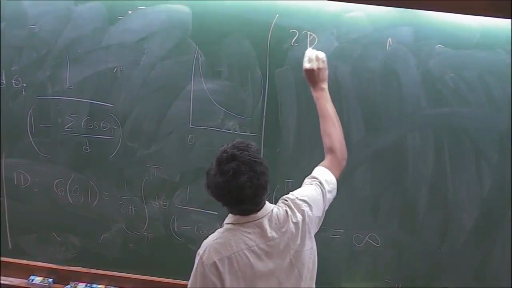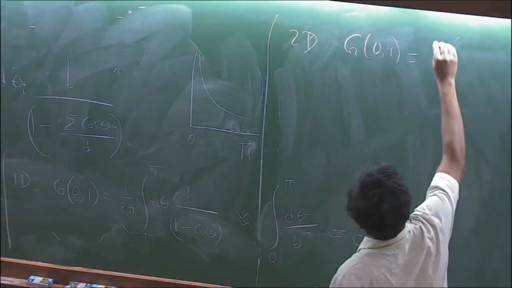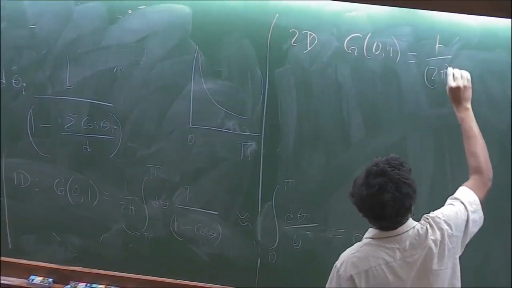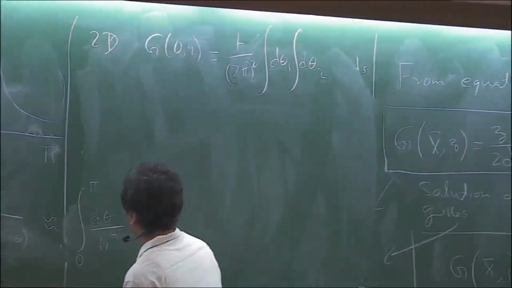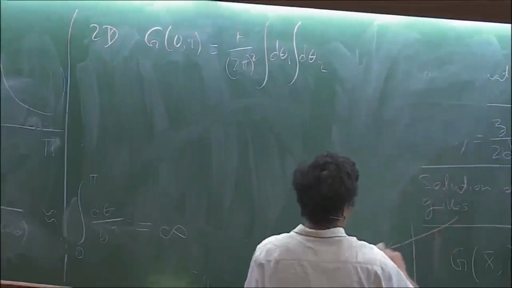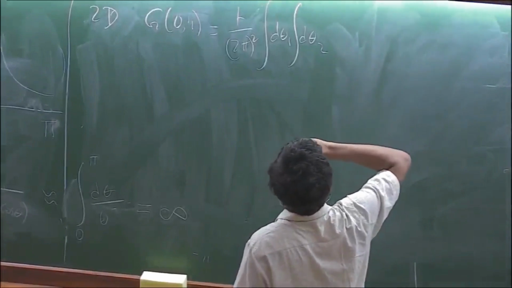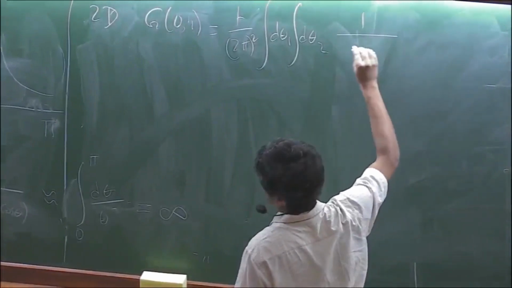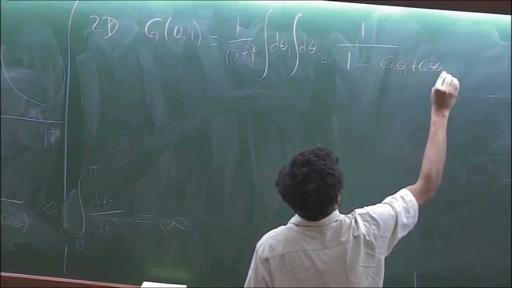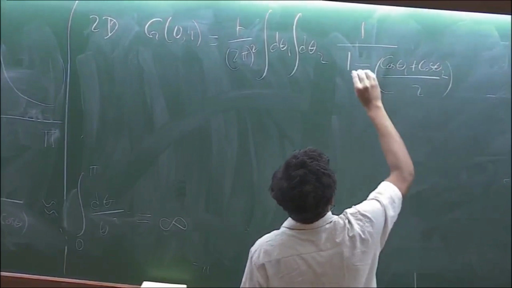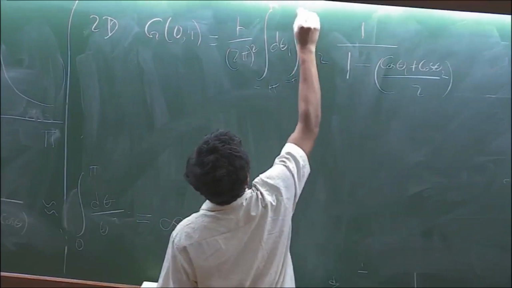And then in 2D, this G(0,1) is equal to... okay.